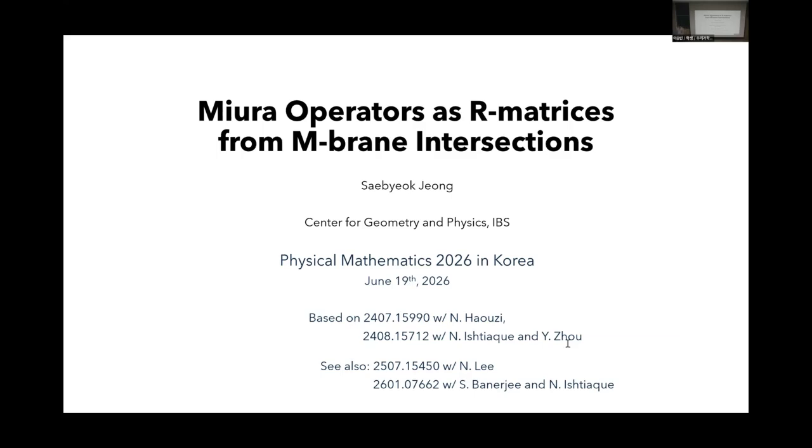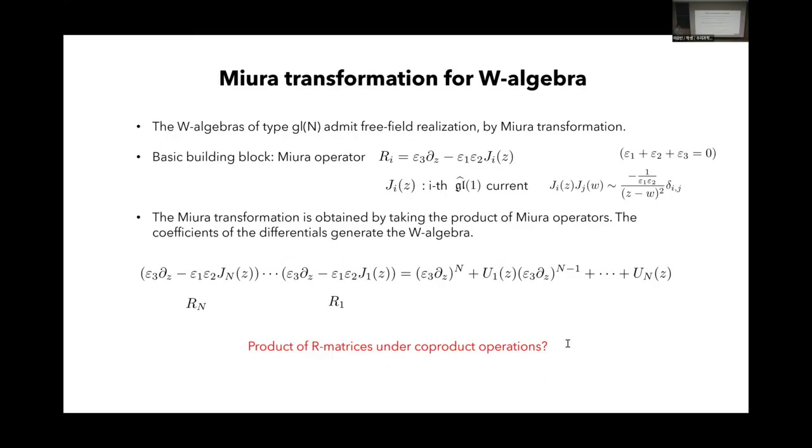So let me begin by introducing what Miura operators are. Miura operator is an object that appears in the free field realization of the W algebra. It's called the Miura transformation, the free field realization. So what is a Miura operator?